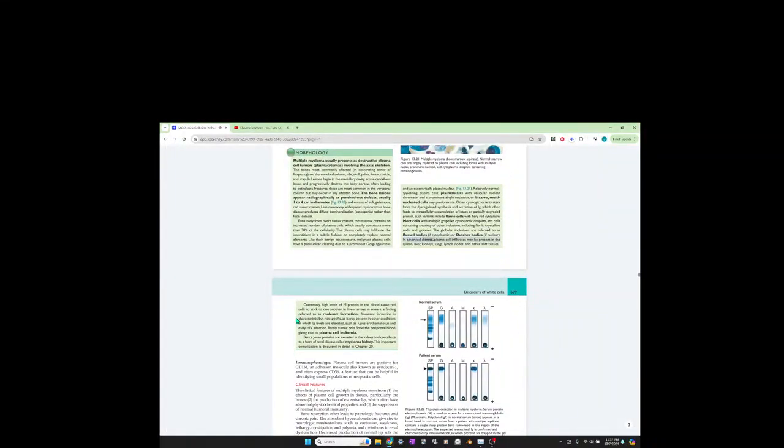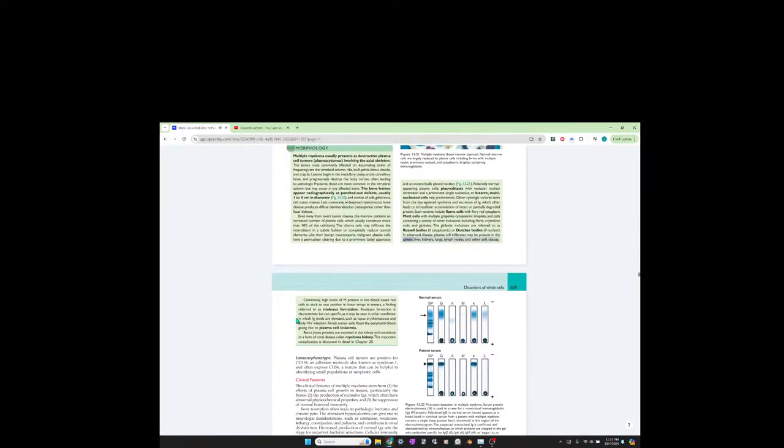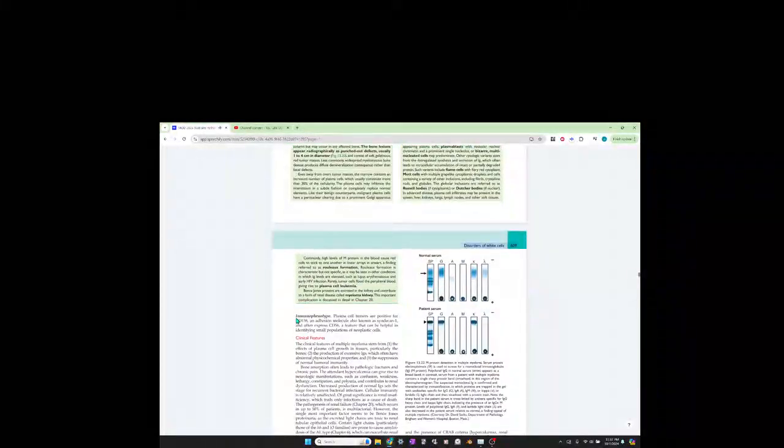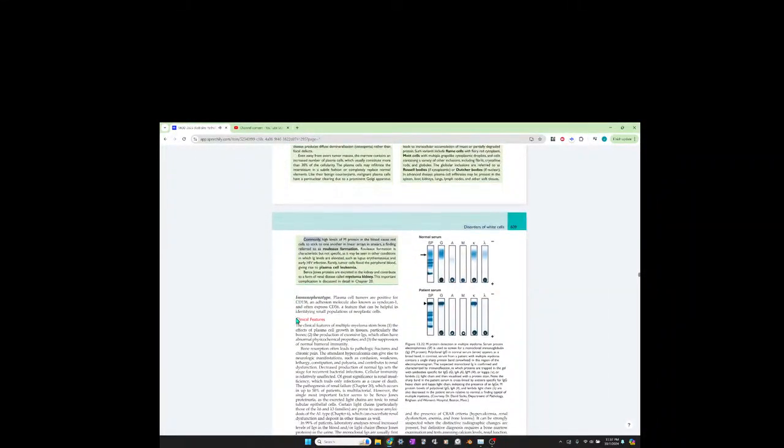In advanced disease, plasma cell infiltrates may be present in the spleen, liver, kidneys, lungs, lymph nodes, and other soft tissues. Commonly, high levels of M protein in the blood cause red cells to stick to one another in linear arrays in smears, a finding referred to as rouleau formation.